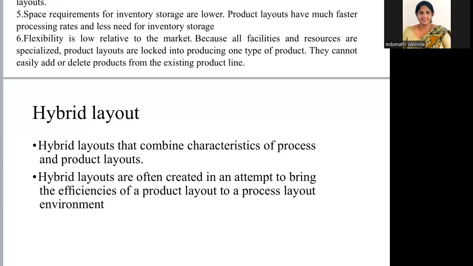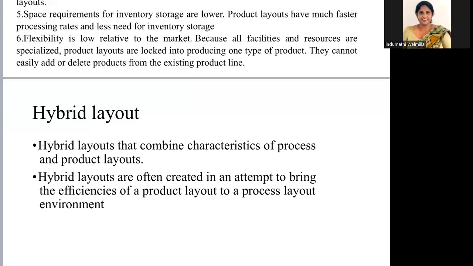So as I explained, retail stores and grocery stores use hybrid layout most of the time, right? In these environments, goods such as dairy items, meat, or produce are stored based on their function.